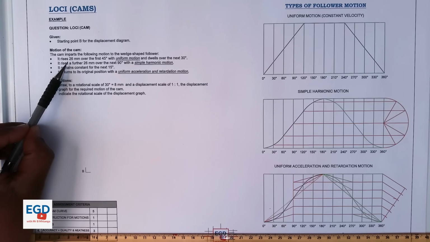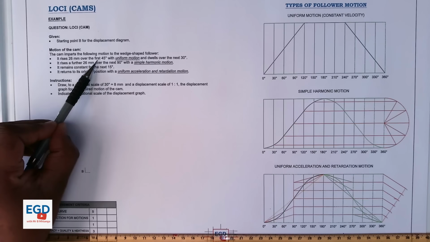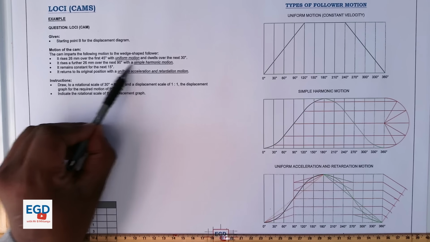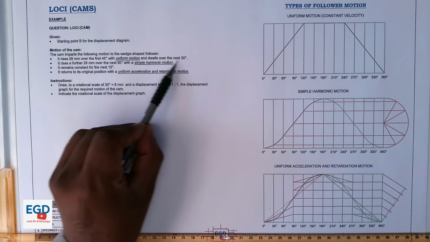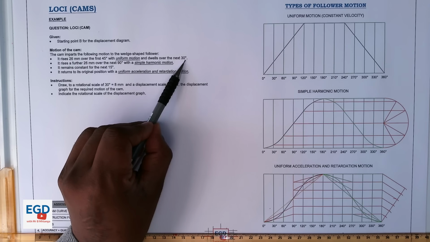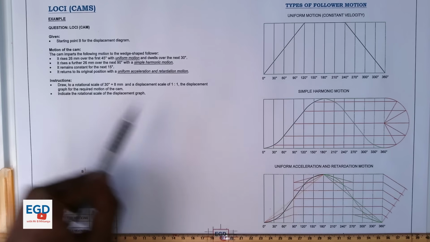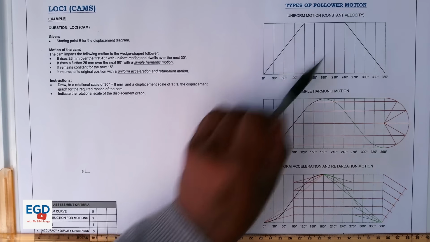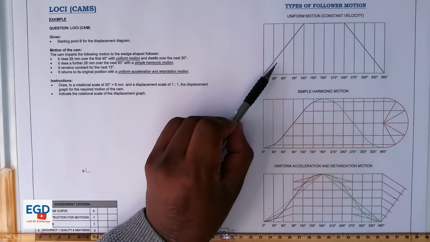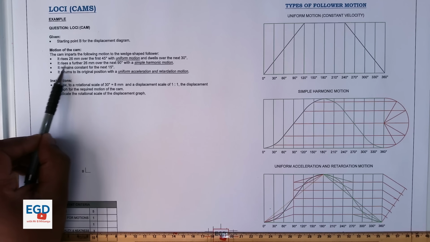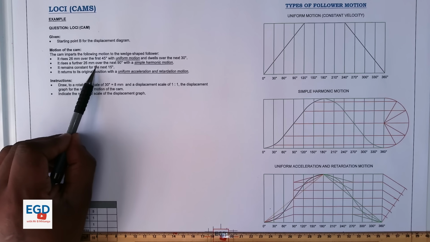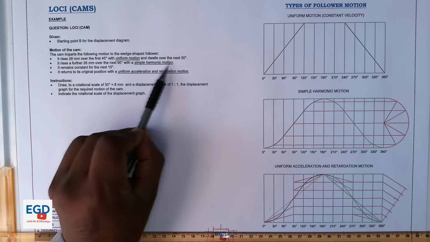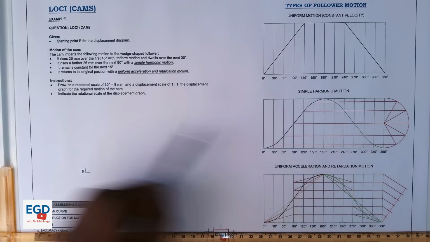It rises 26 millimeters over the first 45 degrees with uniform motion, and it dwells over the next 30 degrees. So whatever we'll draw for this point, it's something like this. I'll explain that part. And it rises a further 26 millimeters over the next 90 degrees with a simple harmonic motion, which is this type of motion.